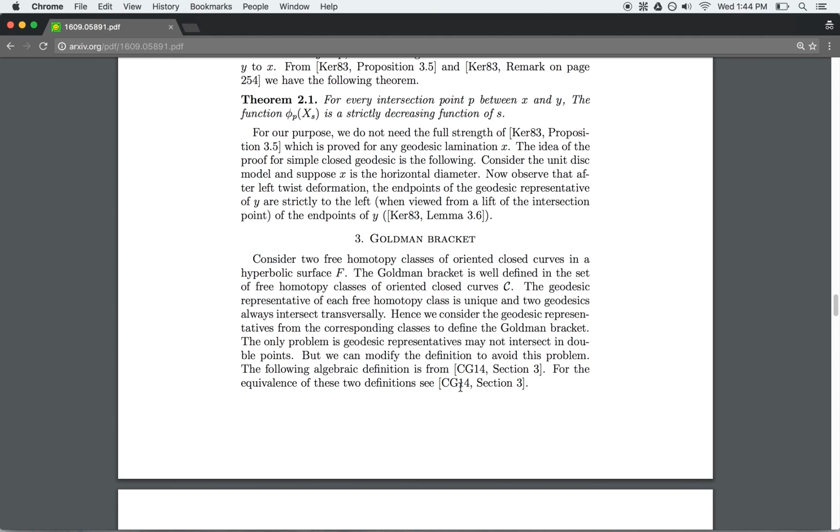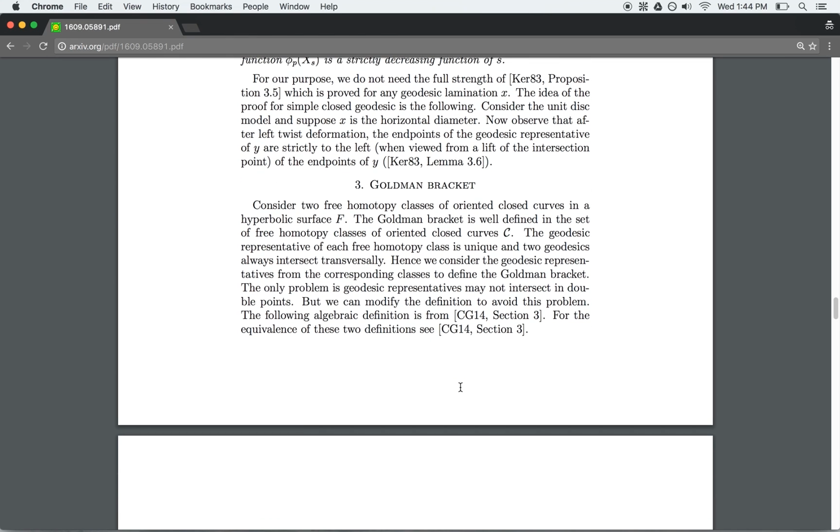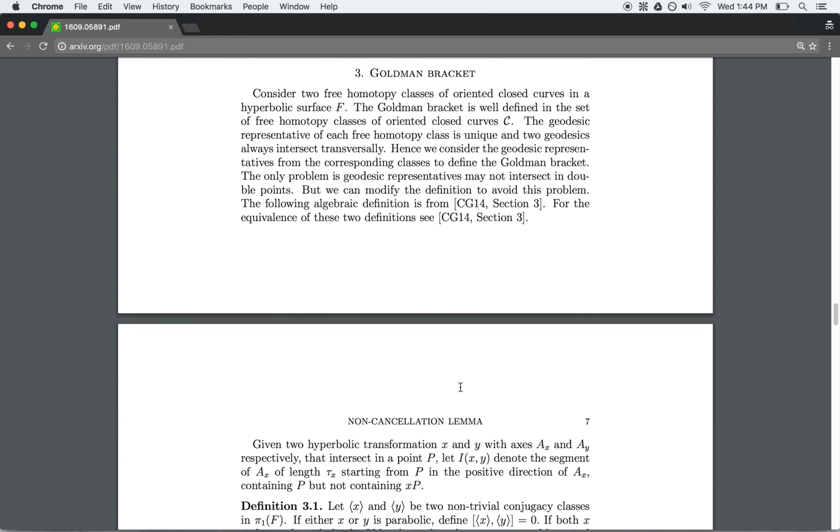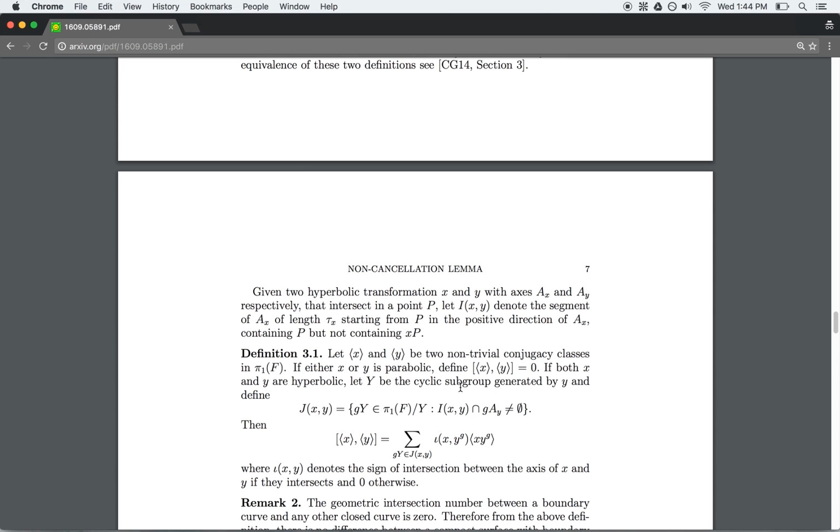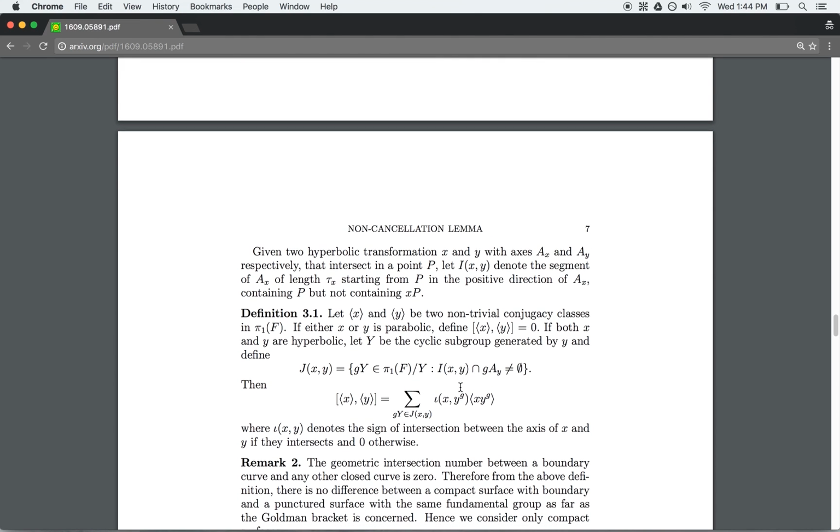Hence, we consider the geodesic representatives from the corresponding classes to define the Goldman bracket. The only problem is geodesic representatives may not intersect in double points, but we can modify the definition to avoid this problem. The following algebraic definition is from CG 14 section 3. For the equivalence of these two definitions, see section 3 of CG.